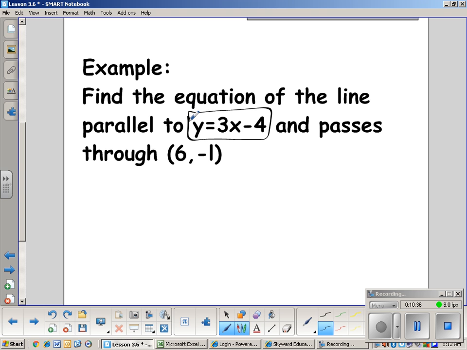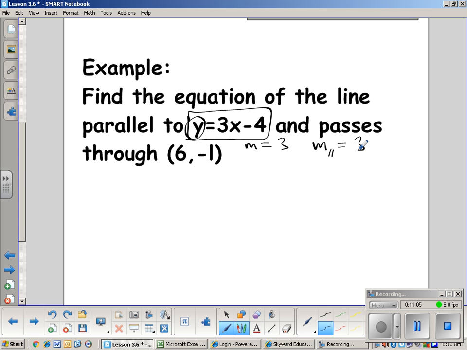Right in front of the x. Now, to do that though, it has to be solved for y, doesn't it? To make sure it's in the form of slope-intercept. If it's not in that form, then I can't just look at the number in front of the x. But this one is, so the slope of this line is 3. So that means the slope of any line parallel to it would also be 3.